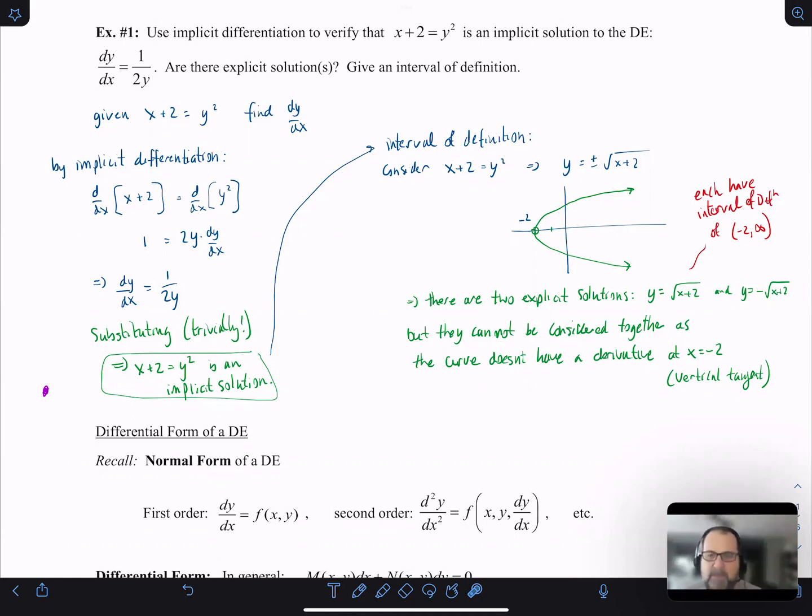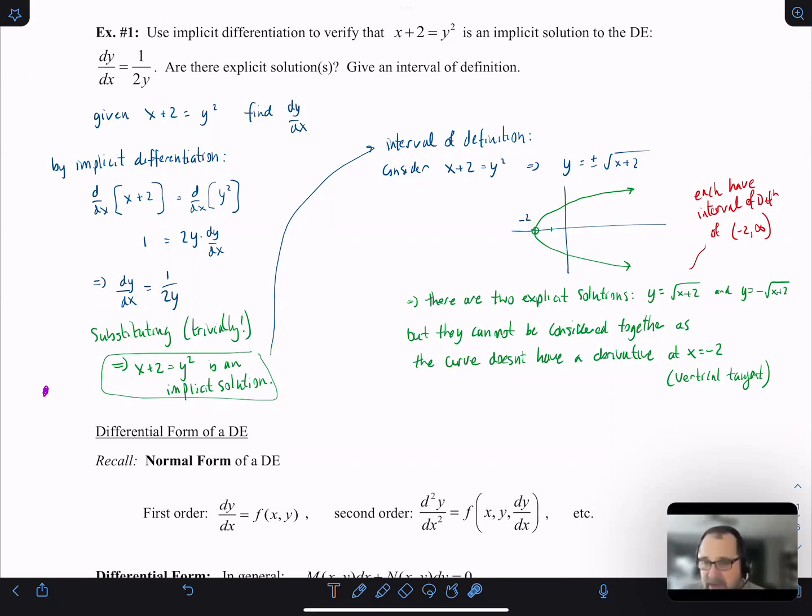But remember what we've said about intervals of definition. They cannot contain a place where we have no derivative. So clearly on this function at the vertex here at x equals minus 2, we have a vertical tangent. Therefore, there is no derivative there.